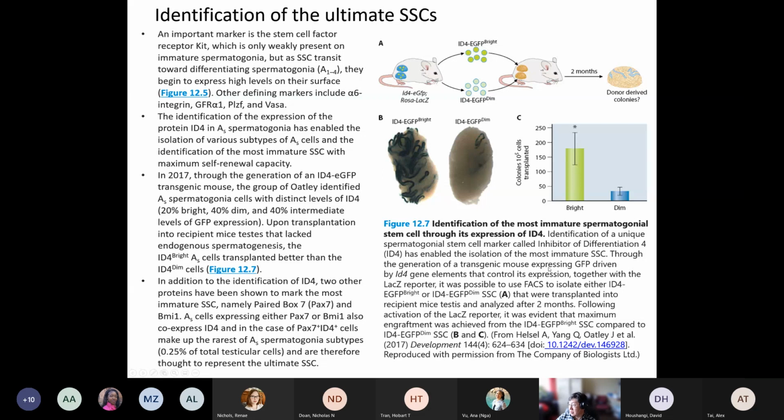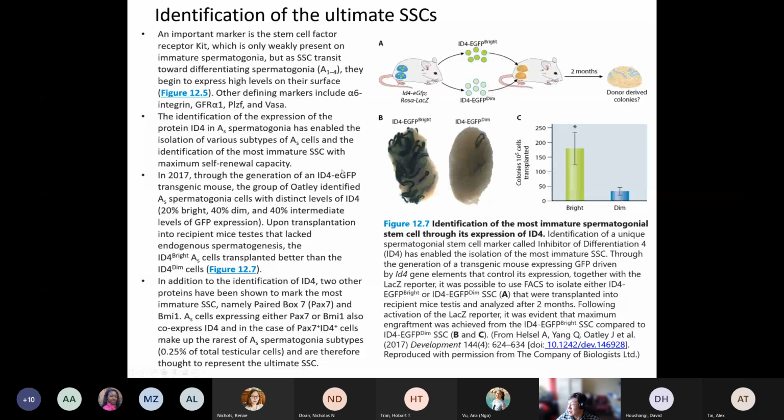This scientist, whose name is Oatley, described it not long ago, only in 2017, that's about 4 years ago. He demonstrated for the very first time using a transgenic animal. Basically, he put GFP into the locus of ID4.